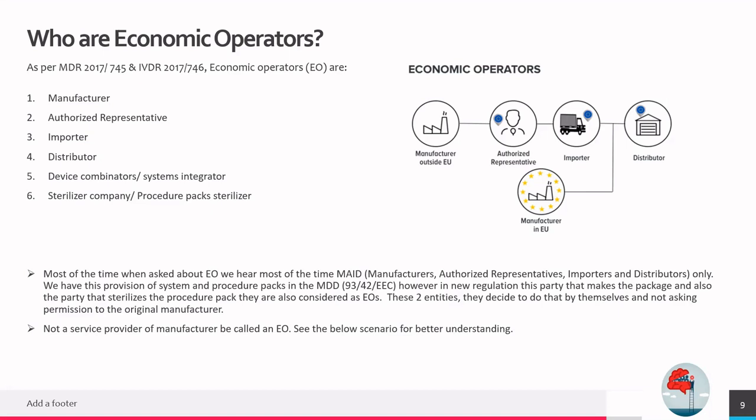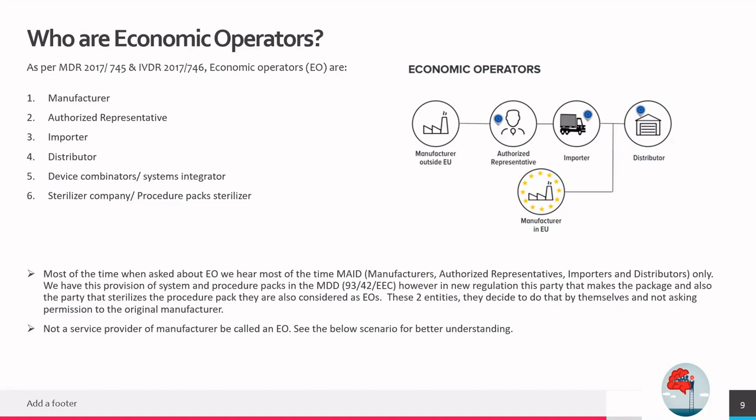Then that company can be called an economic operator only if it makes available on the market or places on the market, because that is how the economic operator system works. So if a company provides a service for you like storage, packaging, or repackaging, that's not considered an economic operator, unless somebody in the supply chain is repackaging for their own purposes, not for the manufacturer as a service provider, as per Article 16.